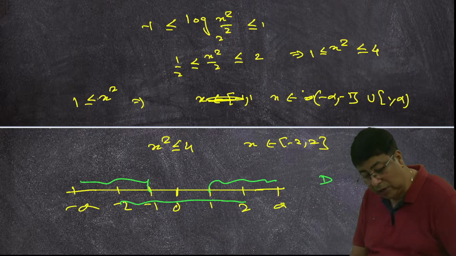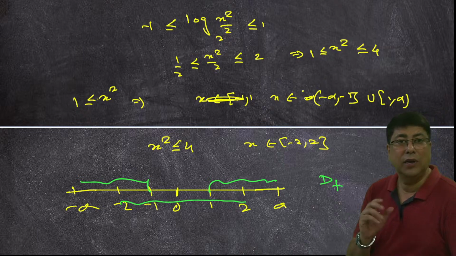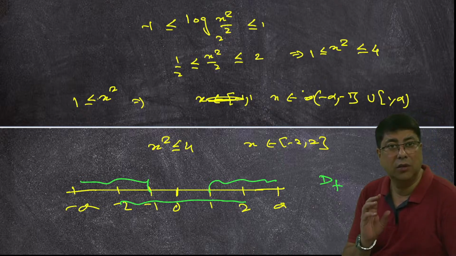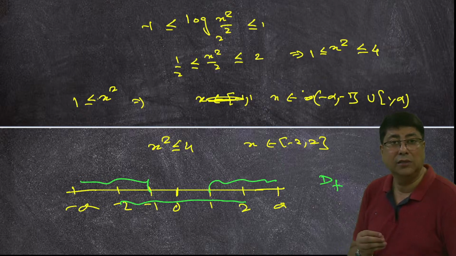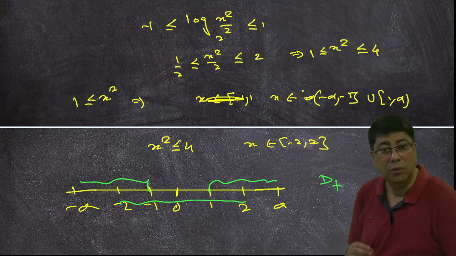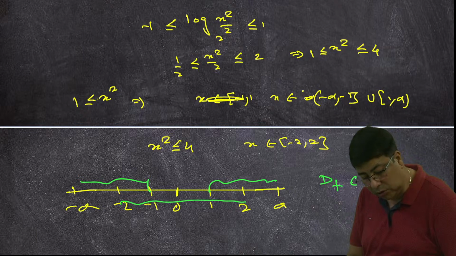So what is the domain of the function? Domain is the solution for x. Actually, we are solving what we did in class 9, 10, that is, solve for x. So x belongs to [-2, -1] union [1, 2].